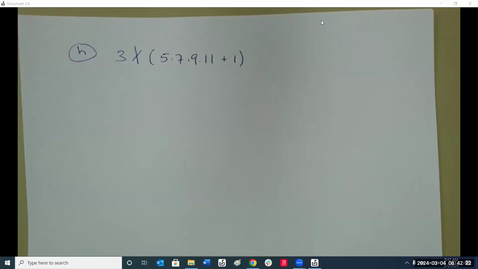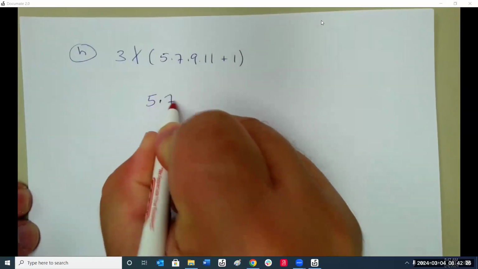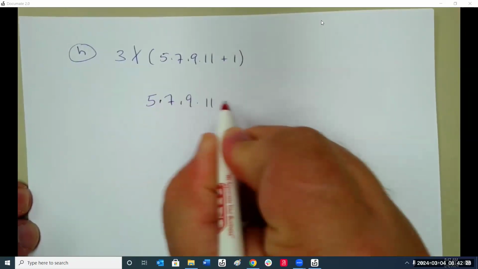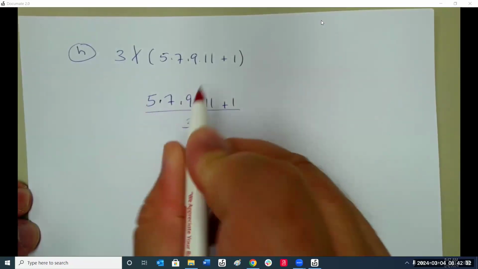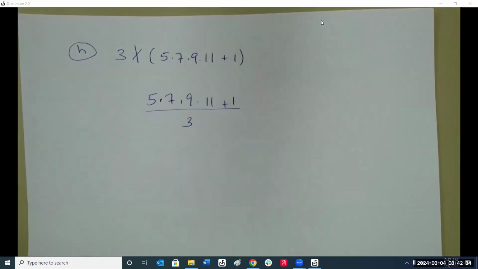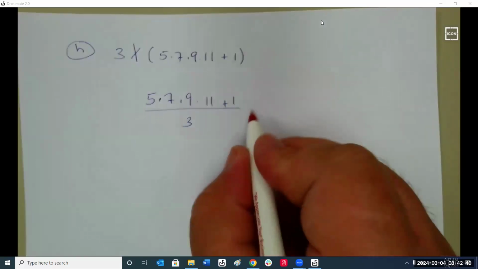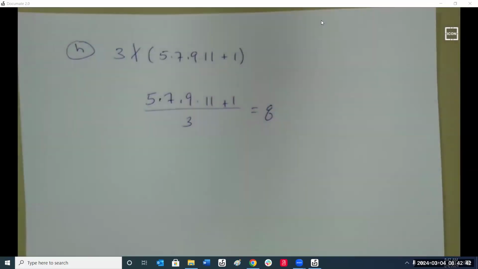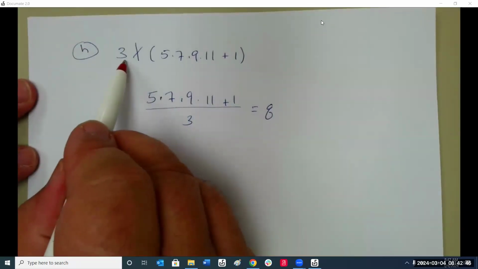We have to first look at, okay, how would this be written? 5 times 7 times 9 times 11 plus 1 divided by 3 equals some Q. 3 is an odd number.